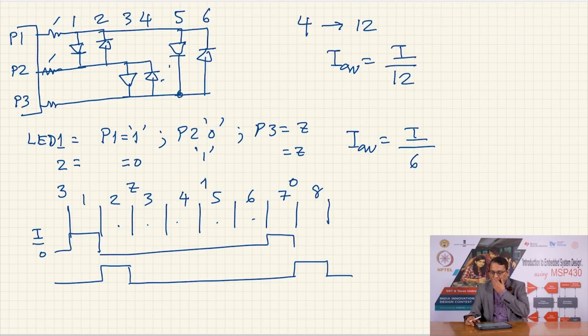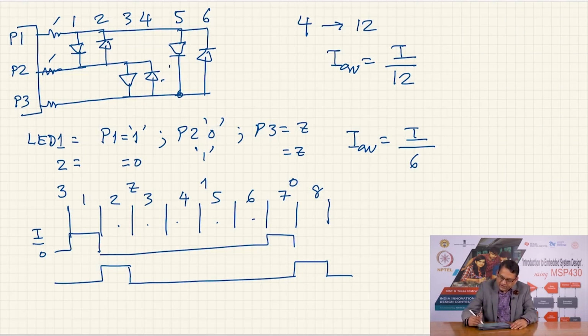Therefore, using a Charlieplexing technique, this is what I meant, that this is not a very scalable technique. If you try to increase the number of LEDs by using slightly more pins, it does not work very well, because the intensity of the LEDs goes down.